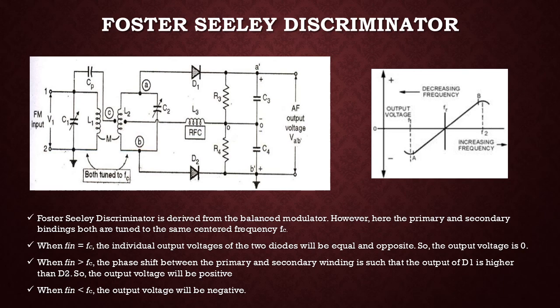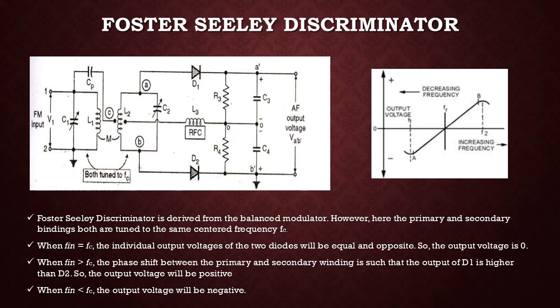So, the output voltage V1 minus V2 equals 0. When Fin is greater than Fc, the phase shift between the primary and secondary winding is such that the output voltage of D1, V1, is higher than the output voltage of D2, that means V1 is greater than V2.